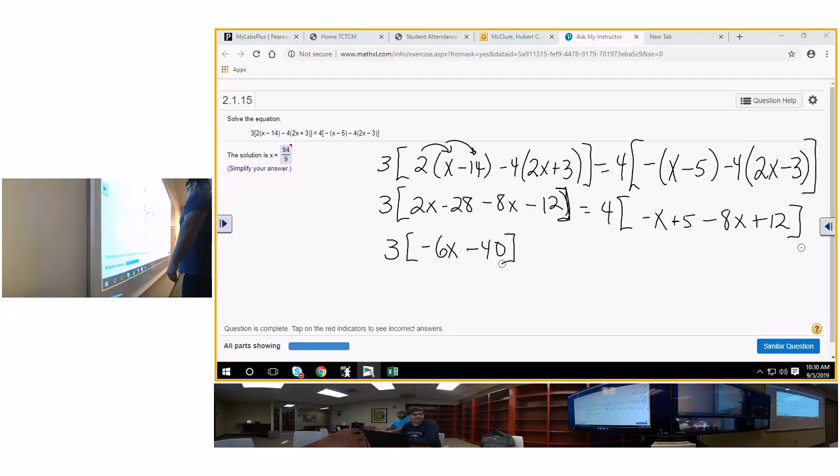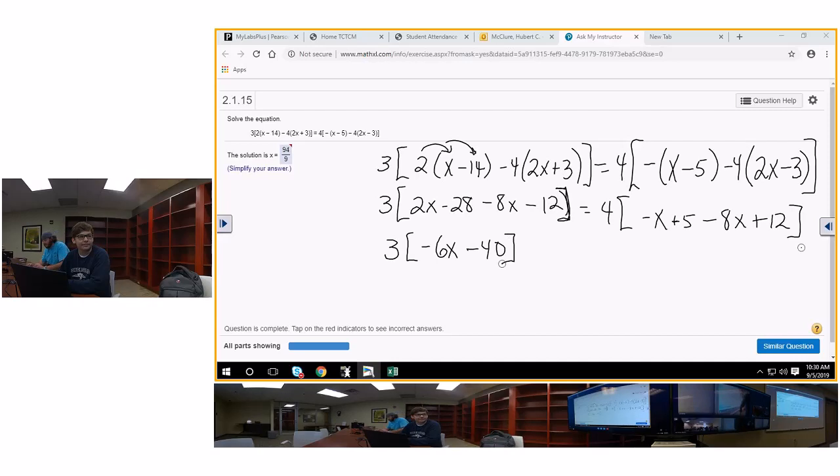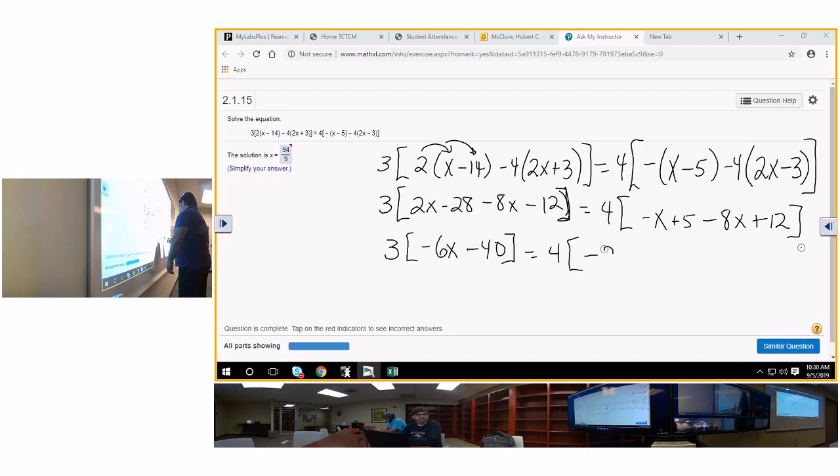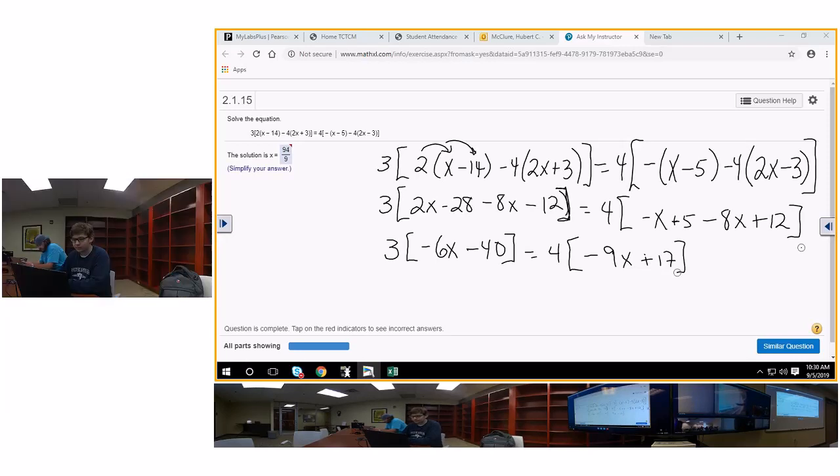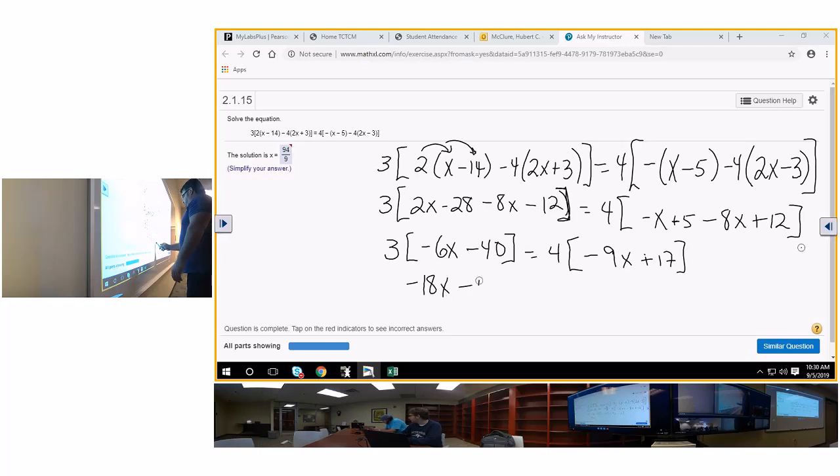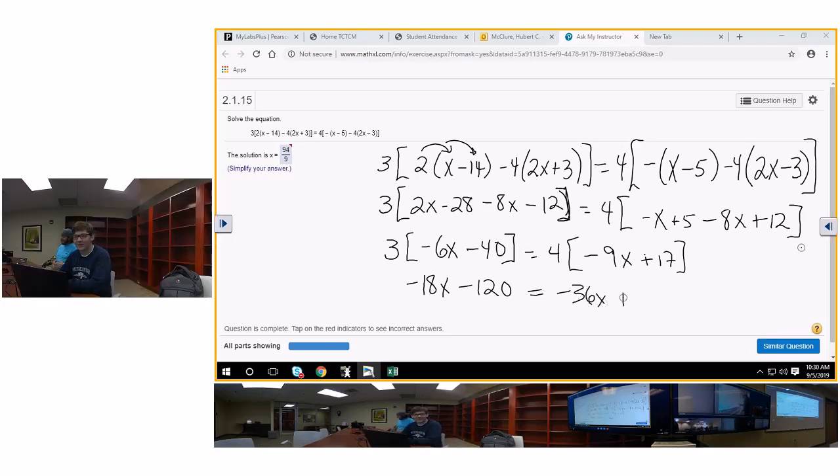Equals 4 minus 9x plus 17. Negative 18x minus 120 minus 36x plus 68.